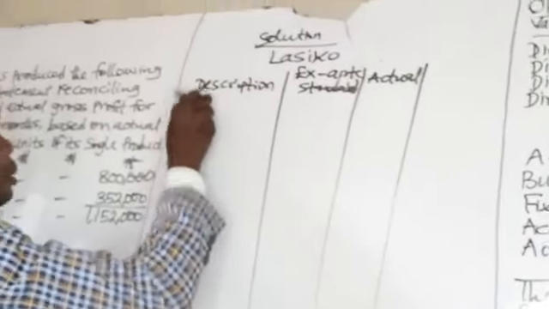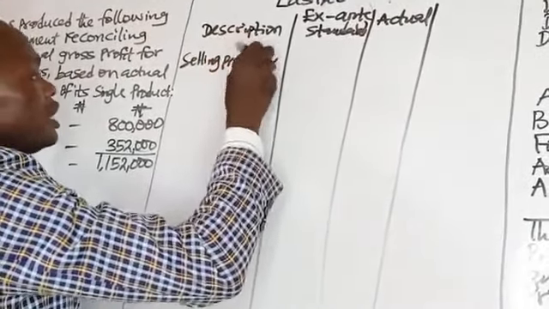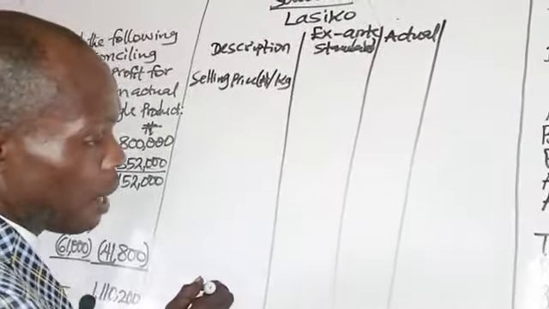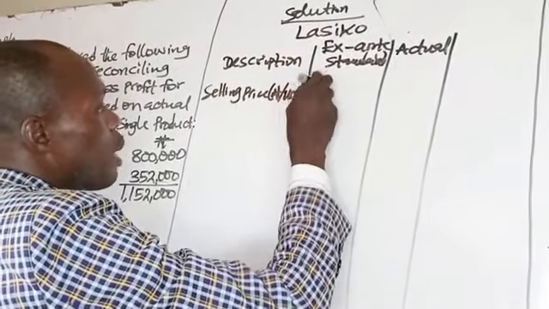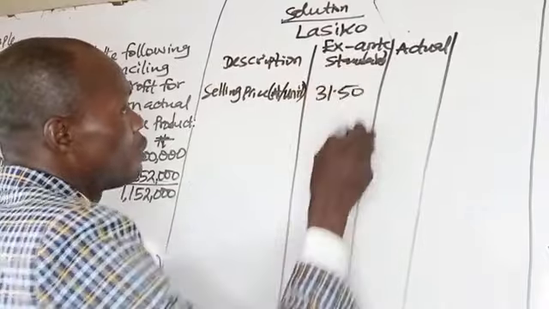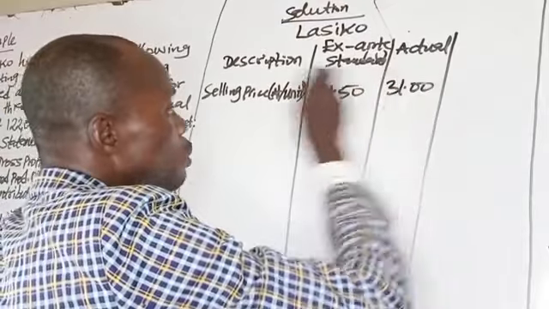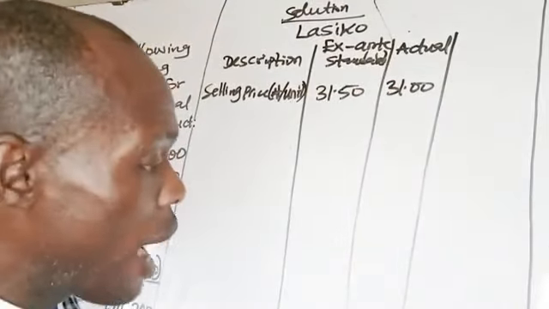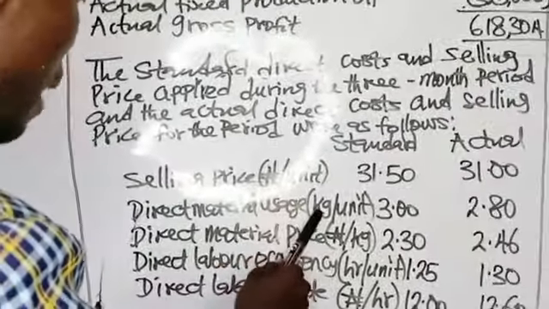So we have the S and T selling price, Naira per unit, 31 Naira 50 kobo, while the actual is 31 Naira.